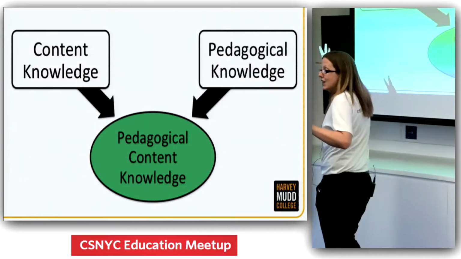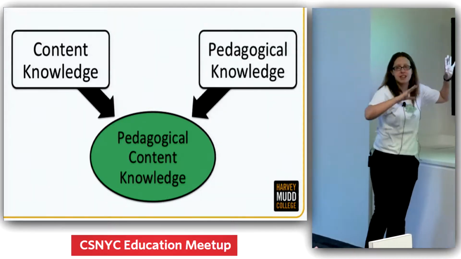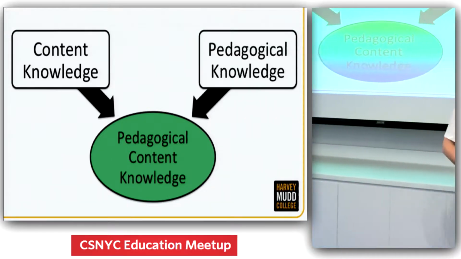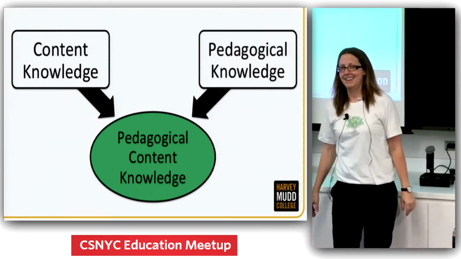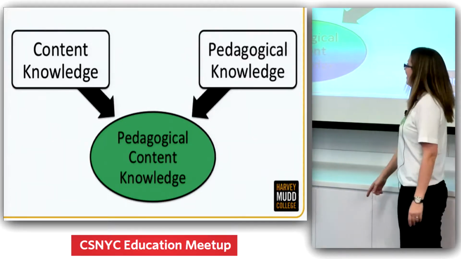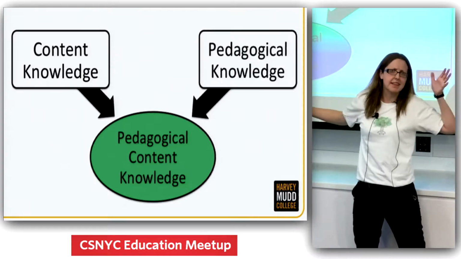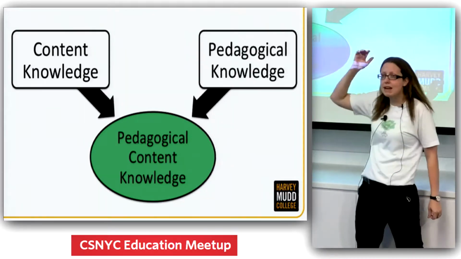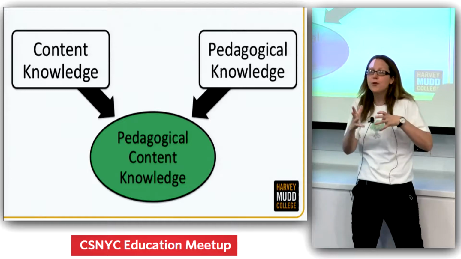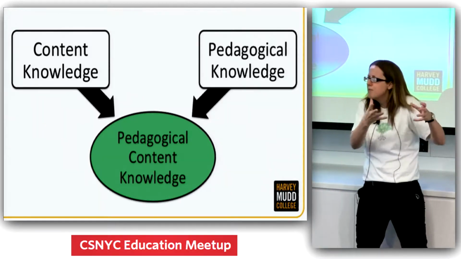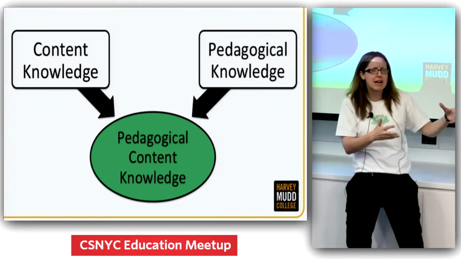So we've got content knowledge, which is like, okay, do you understand computer science? I'm sorry, I keep walking behind the pillar. Okay, so we have content knowledge, which is computer science in this room. And then we've got pedagogical knowledge, which is just, for your age group, what are sort of appropriate things? How do you teach? How do you manage classrooms?